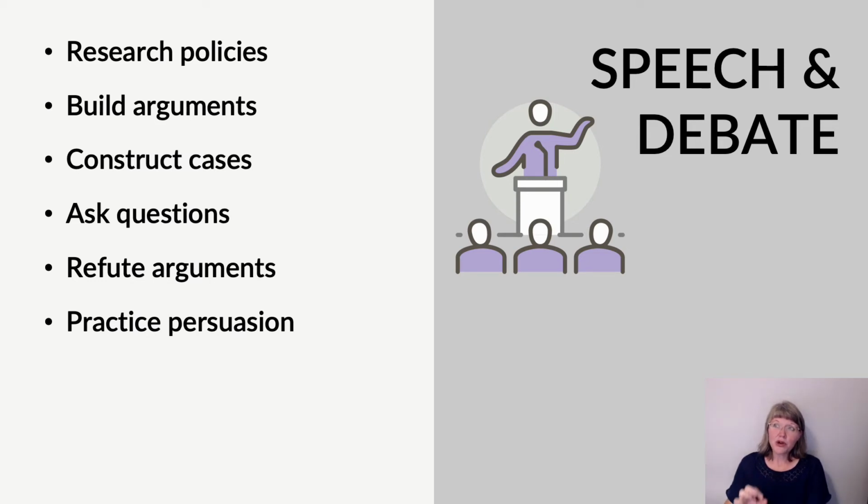It's important to note that in debate, being right is not the primary goal. It's being persuasive. So remember that you're going to be asked to debate both sides of this issue. And we're not trying to say who is right or wrong. We're trying to say who is most persuasive and can persuade that judge toward their way of thinking.